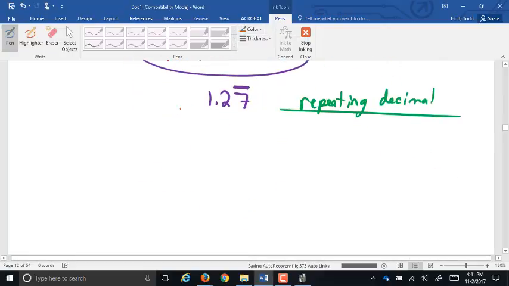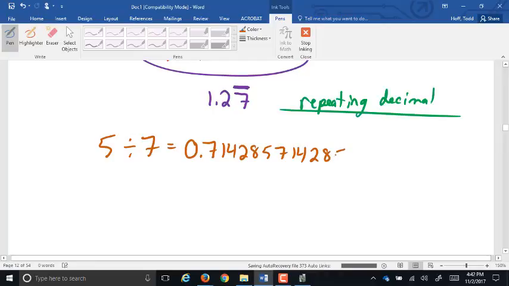We might have, let's say, 5 divided by 7. What are we going to get? 0.71428571428571428.